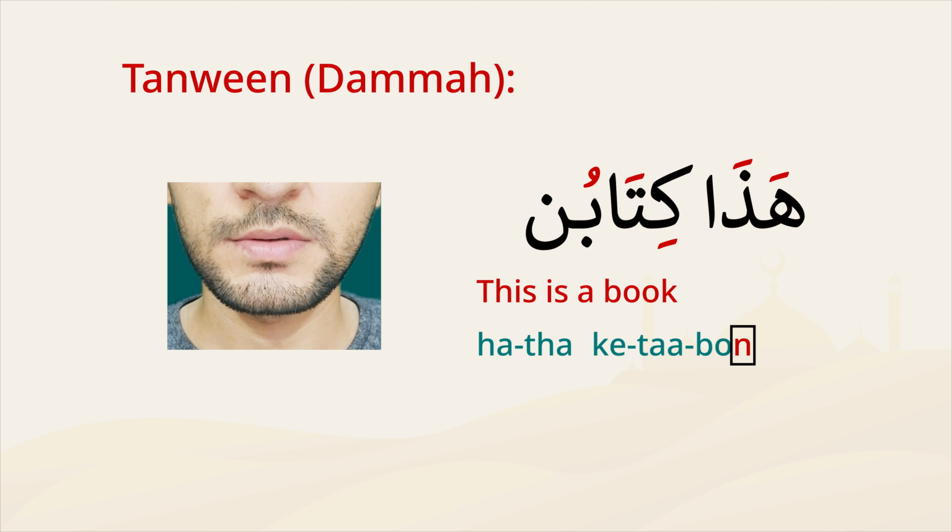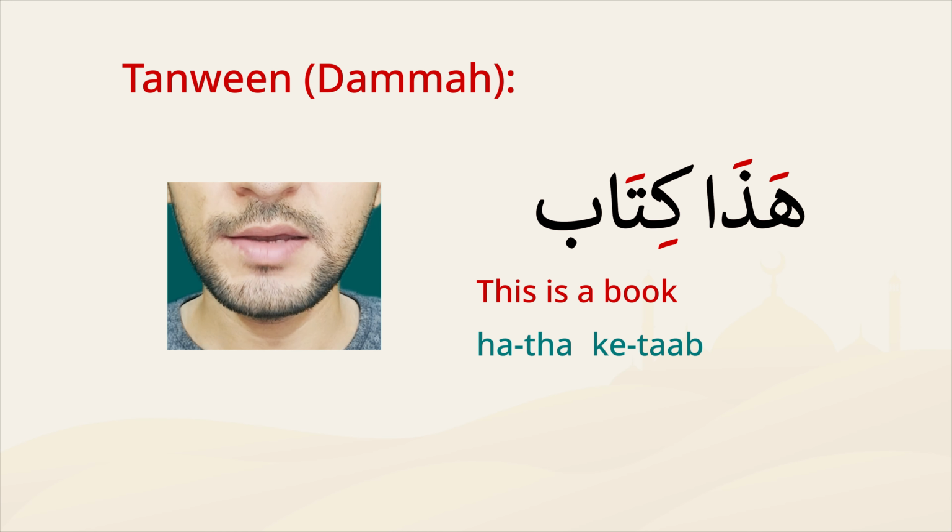But as we said initially, the N sound of tanween only shows in pronunciation, not in writing. Now, when we pause the reading at the word kitab, we need to make the last letter consonant as we explained before. The letter we stop the reading at is made consonant temporarily. So we read it as هذا كتاب.